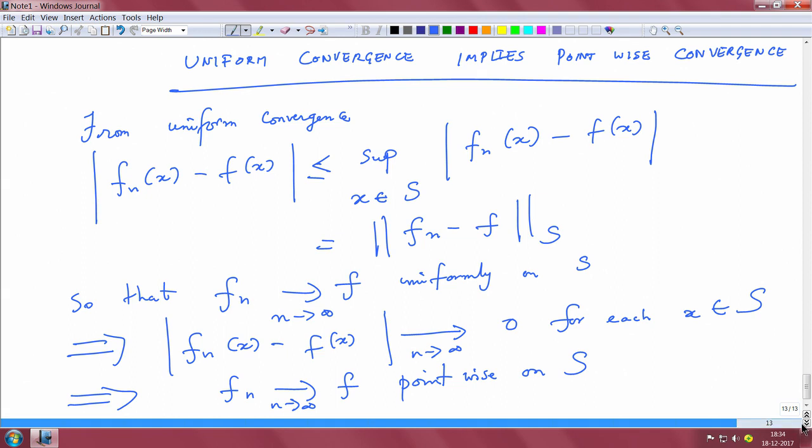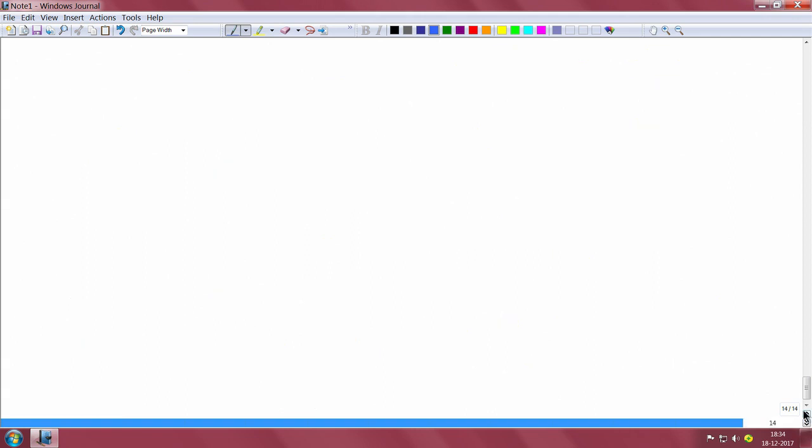Now, there is a link between uniform convergence and continuity, and let us establish this result via a theorem. So, I will state the theorem and I will also prove this result.